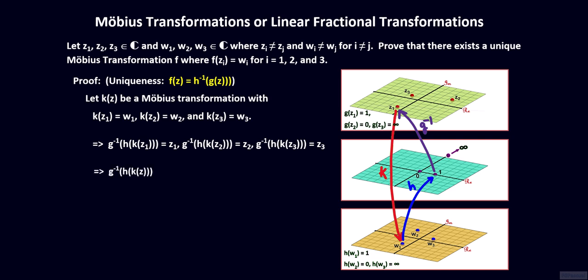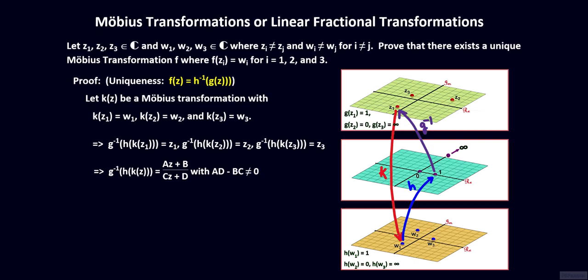Now, G inverse of H of K is a Möbius transformation, since it is the composition of 3 Möbius transformations. And so we should be able to write G inverse of H of K of z in the form the quantity az plus b divided by the quantity cz plus d, where a, b, c, and d are complex numbers, and ad minus bc is not equal to 0.